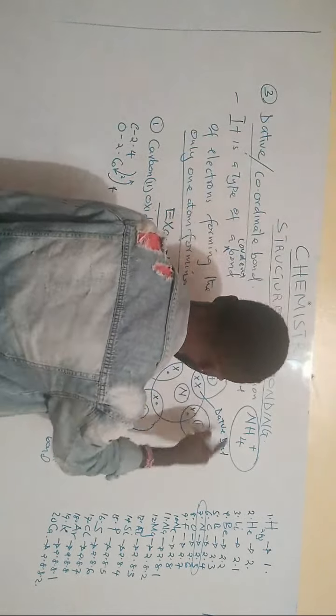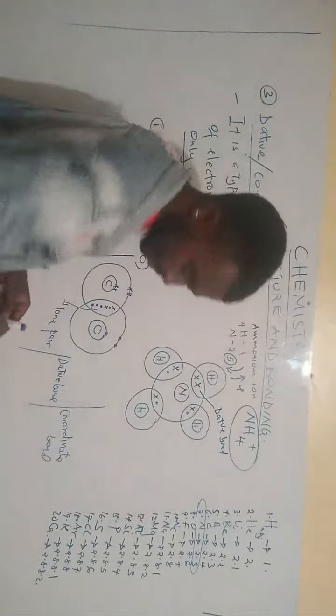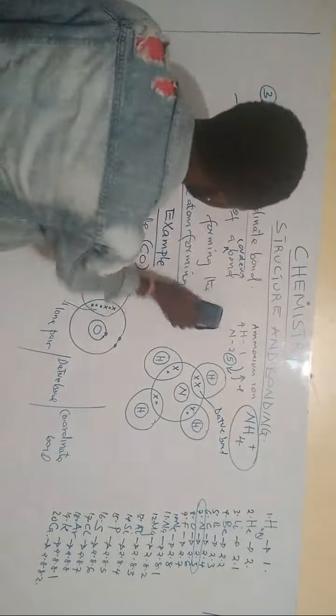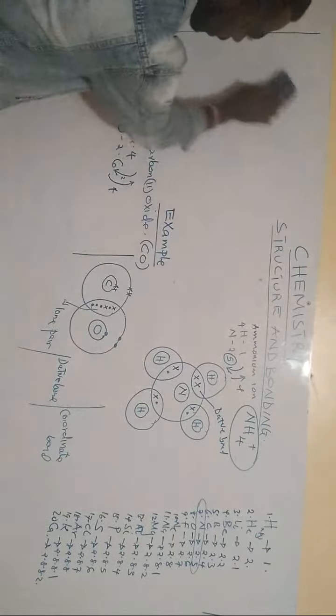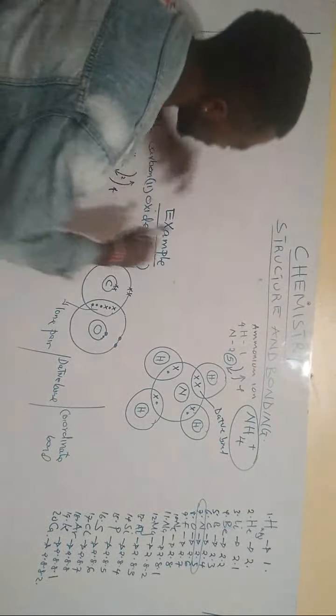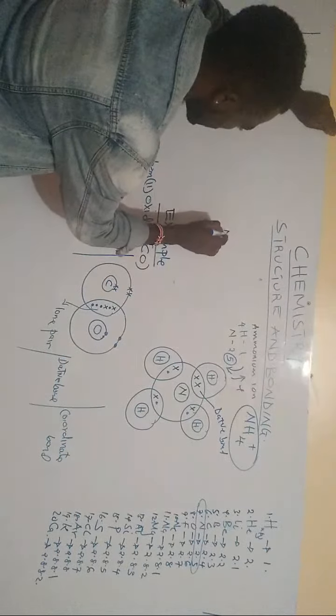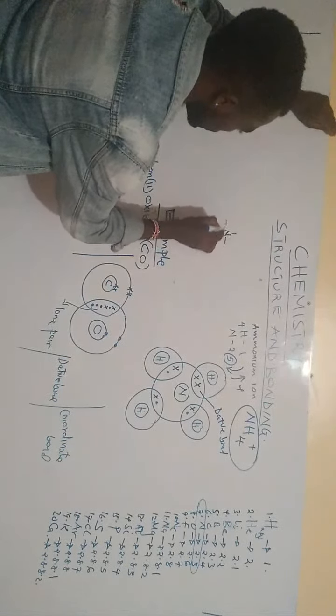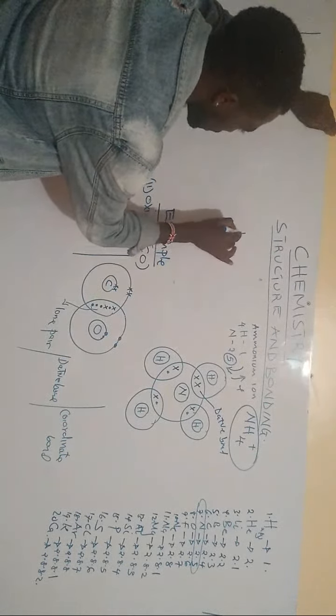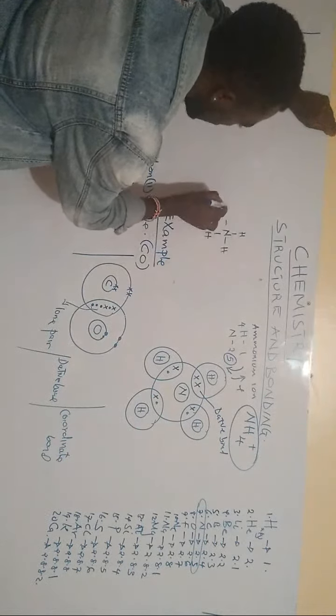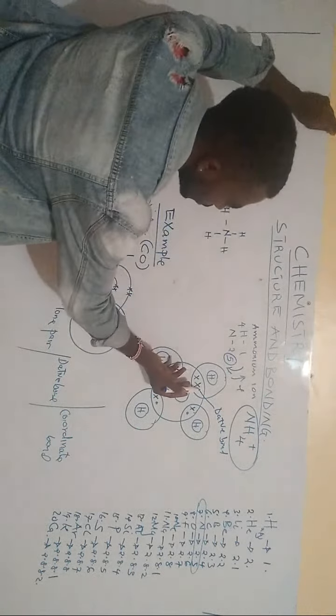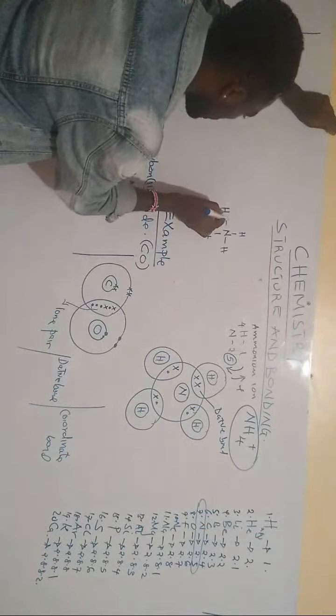Why am I pointing it this way? We can plot them this way. This is what we mean. We can have nitrogen this way, attached to hydrogen, hydrogen, hydrogen, hydrogen. So this one, which is the dative bond, we can show as an arrow.